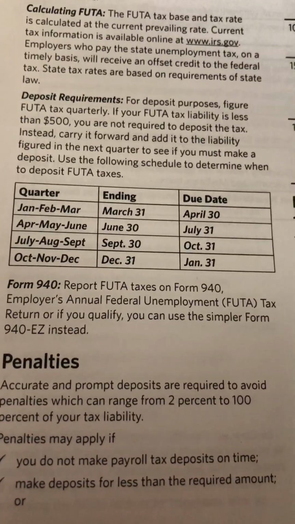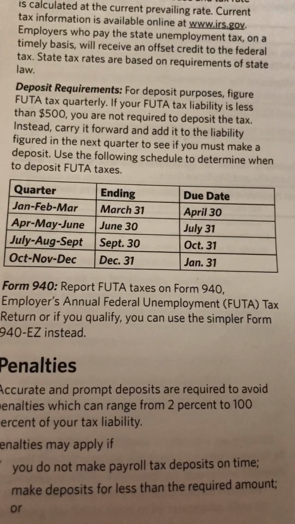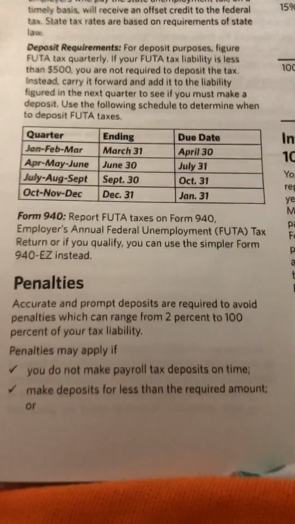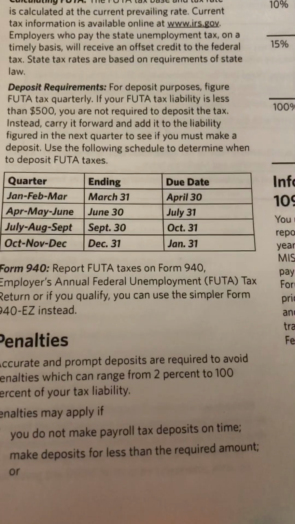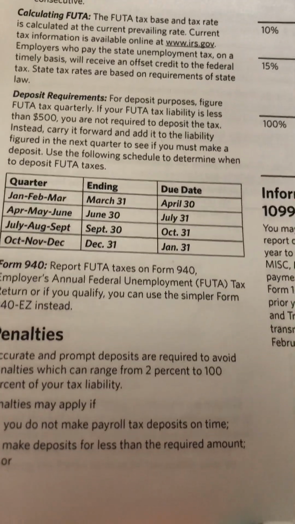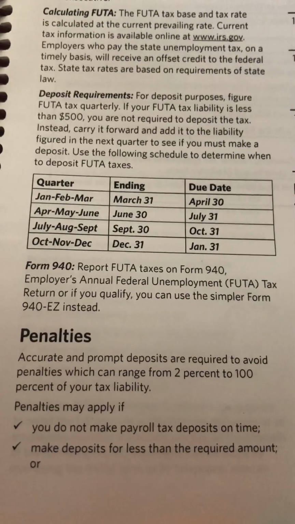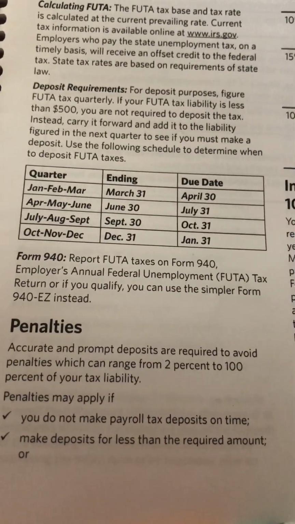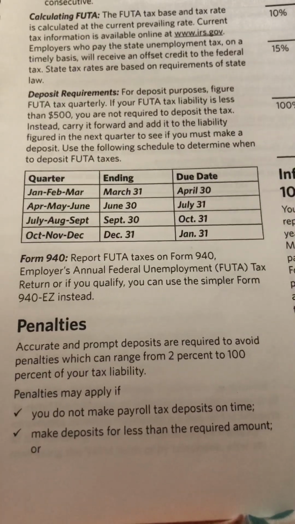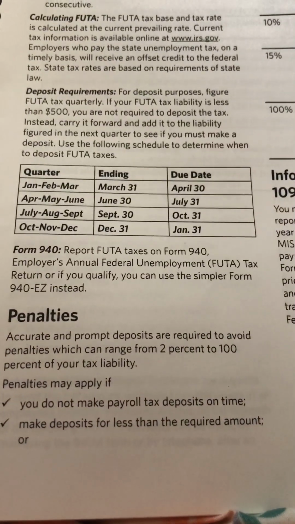It's one of the months, and they say if you have food tax of $500, and the quarter ended on, I think it was March or June, then what's the due date to turn in your food tax? And it's April 30 or July 31. But you answer the test using this little chart.